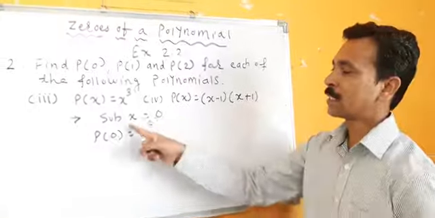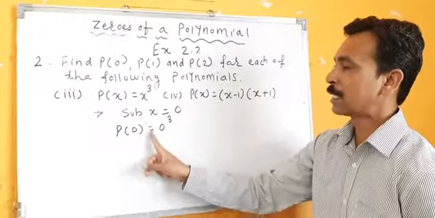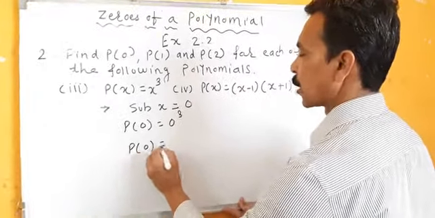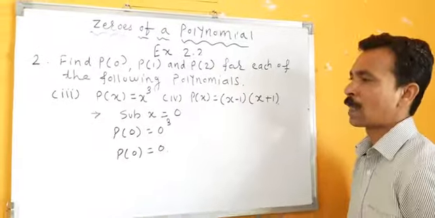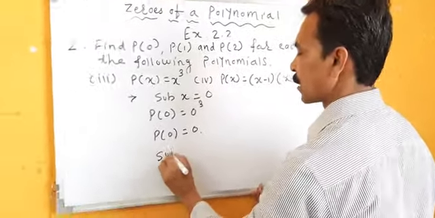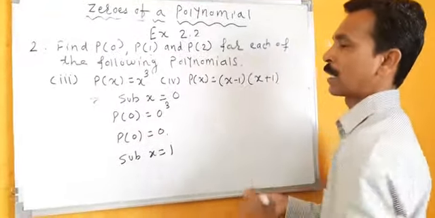P of x is equal to x cube. What is the value of x? 0. So wherever x is coming, the value of x will be 0. It is x cube, which means 0 cube. What is 0 cube? 0. Now I will write, substitute x is equal to, what is the second value? 1.